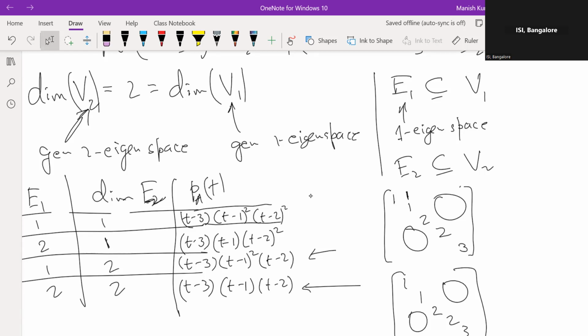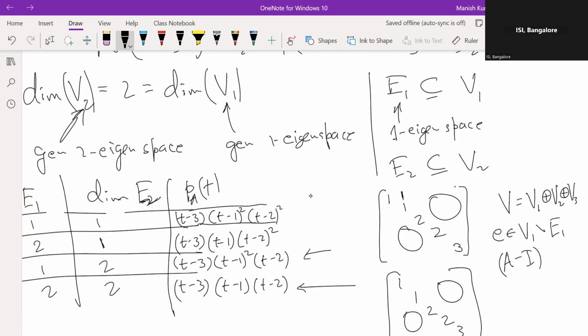So the basis is a generalized eigenvector which is not an eigenvector, and then A minus I times that vector. Here I'm just trying to tell you what the basis is. We know that C5 decomposes as V1 direct sum V2 direct sum V3. For V1 we'll have to figure it out. So you start with e in V1 minus E1, because there is something in there, which gives you a non-zero vector of V1, and then you apply A minus I to e.